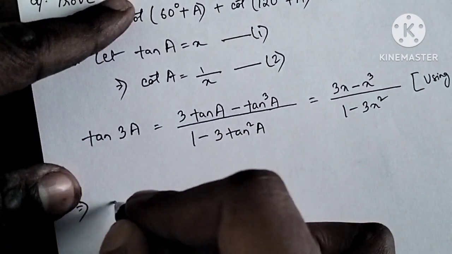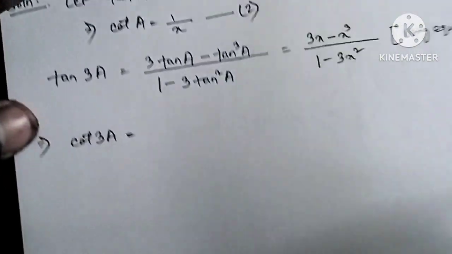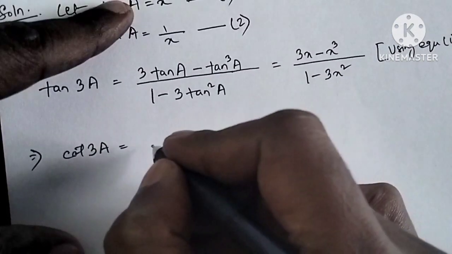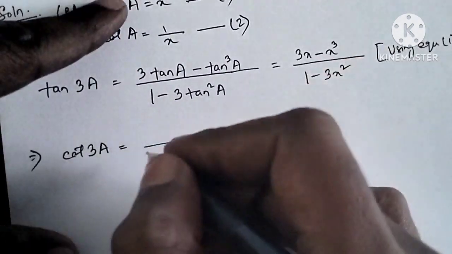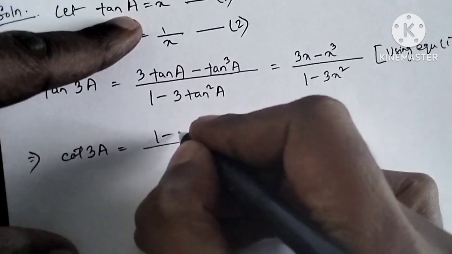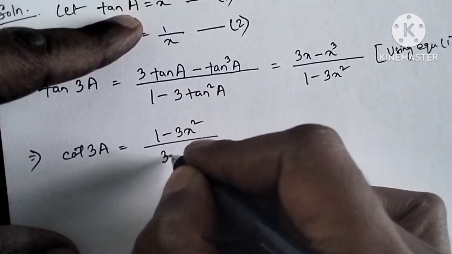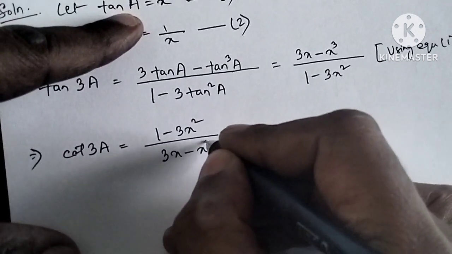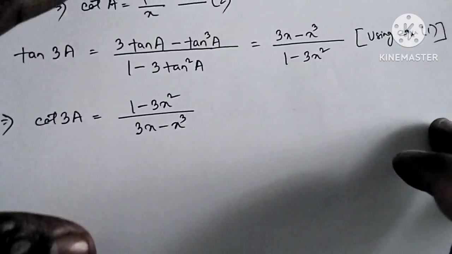So cot 3A will be just the reciprocal of this: (1 minus 3x square) by (3x minus x cube). Clear?